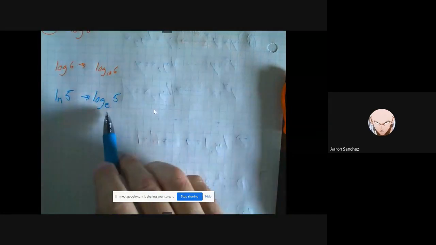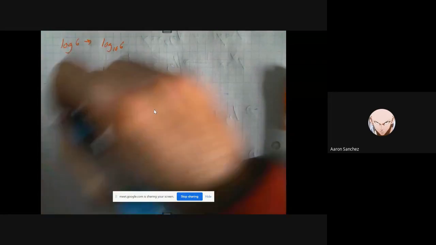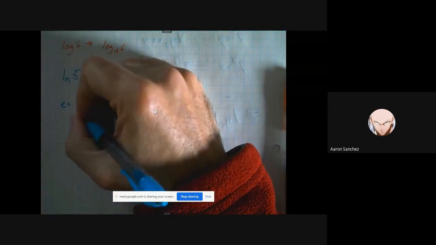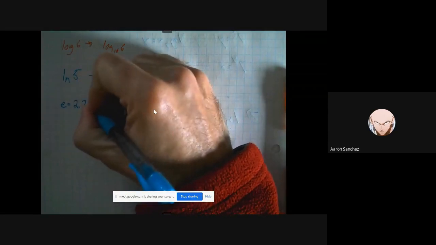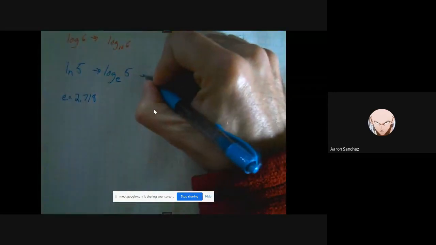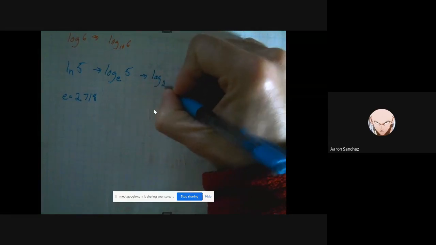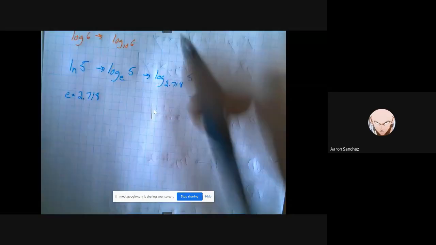Now you're saying, Sensei, what the heck is e? e is just a number. You guys know how pi is a number, 3.1416. e is a number, 2.718, and it goes on forever. So natural log 5 is like saying log base 2.718 of 5. But you don't really need to know that.